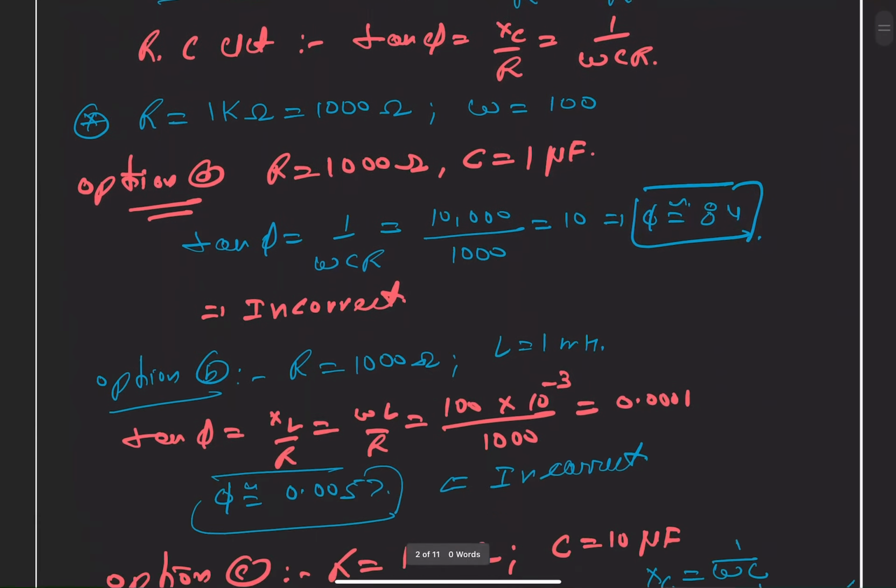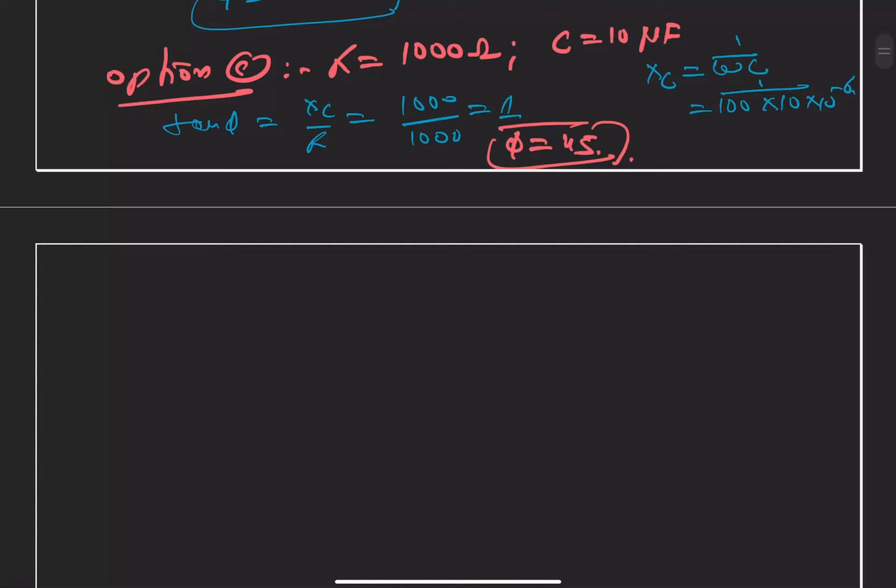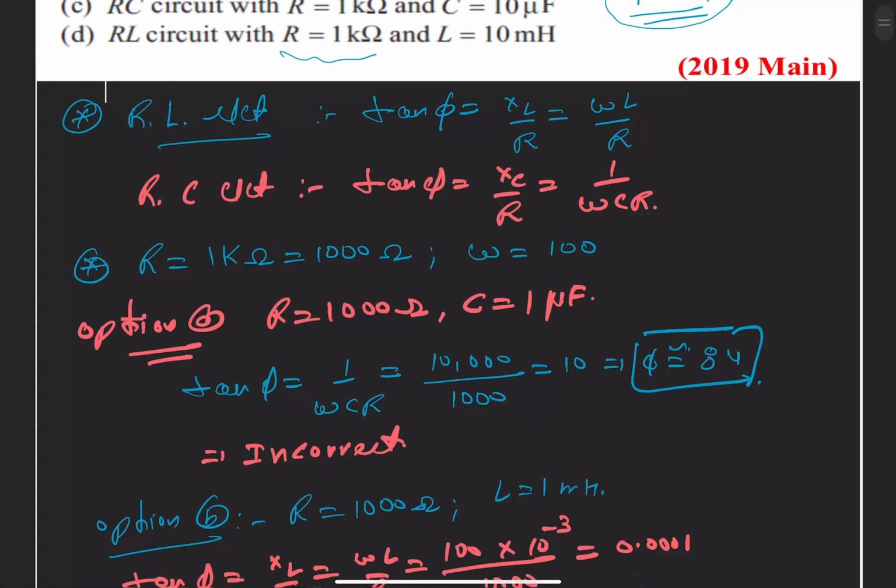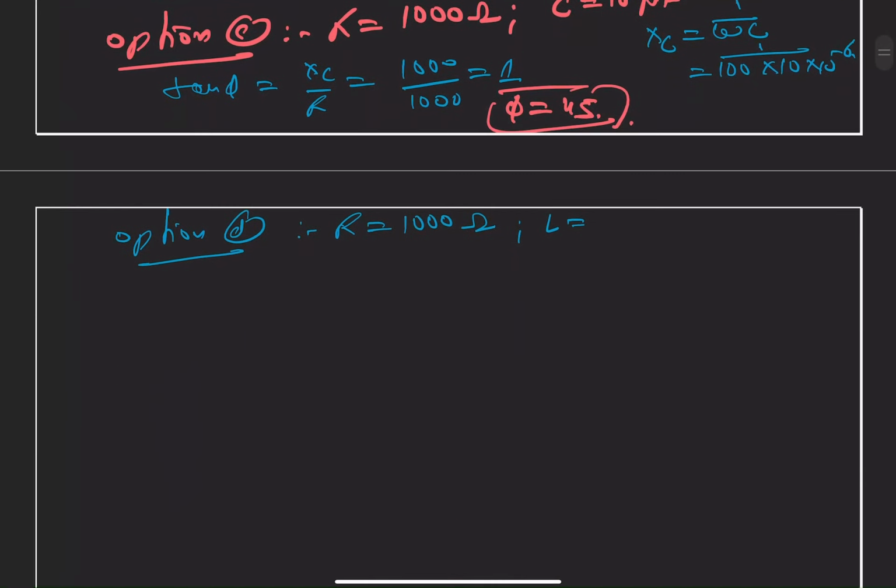We are left with one more, D, so let us solve for D also. In option D, the value of R is 1000, and the inductor is 10 millihenry.